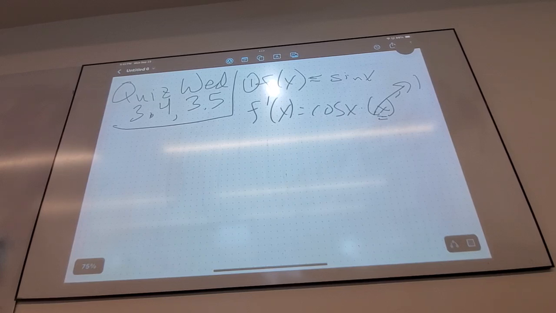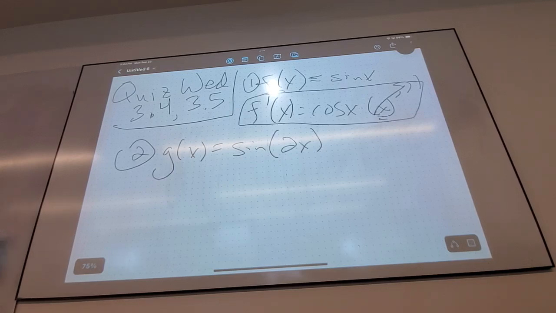So help me out. What if I had sine of 2x? This happens very often. How do I take its derivative? The outside function is sine. It's sine of stuff. By the way, there's a million different ways to write this.